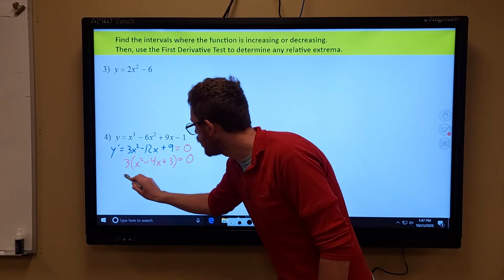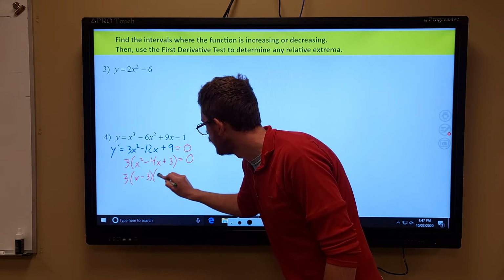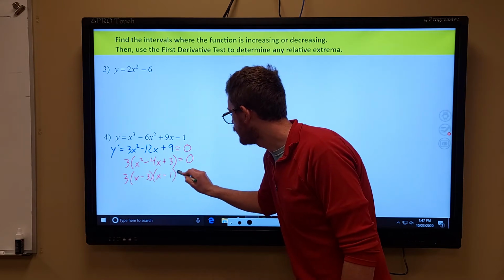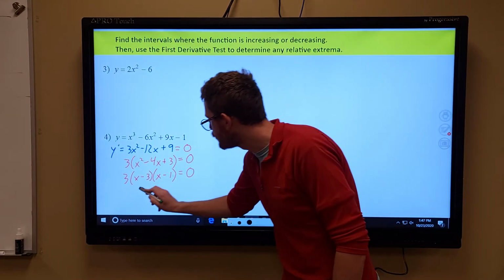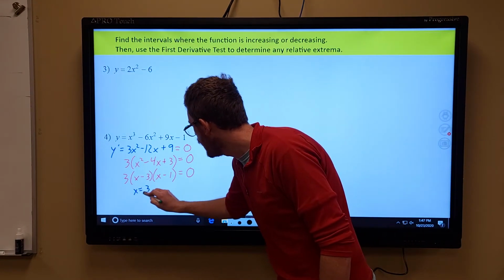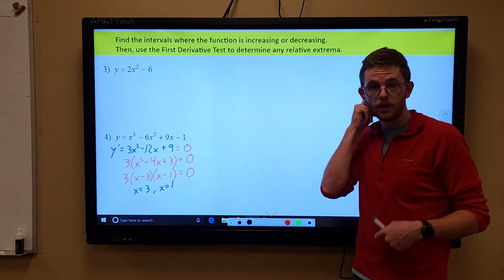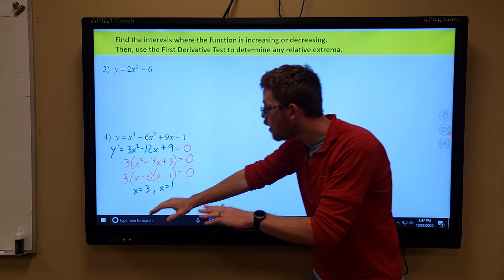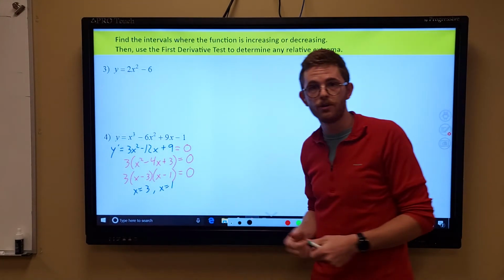The resulting quadratic can be factored even simpler, x minus 3 times x minus 1. And using the zero product property, I can see my solutions are x equals 3 and x equals 1. So we found the two values in which our derivative equals 0.